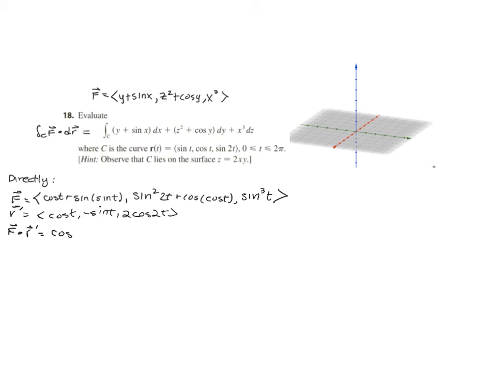It's going to be cosine squared of t plus cosine of t times the sine of t, minus the sine of t times the sine squared of 2t, if I'm not making a mistake here, minus the sine of t times the cosine of t, and then 2 cosine 2t sine cubed of t, maybe, okay?